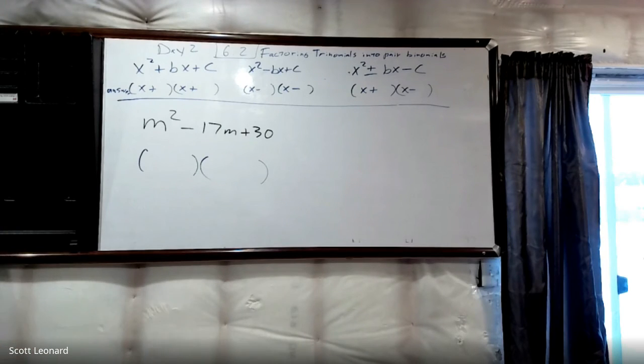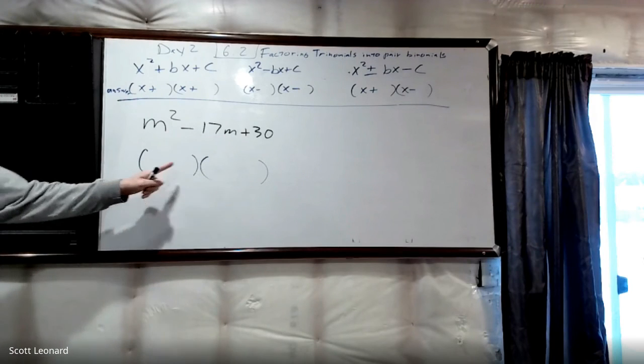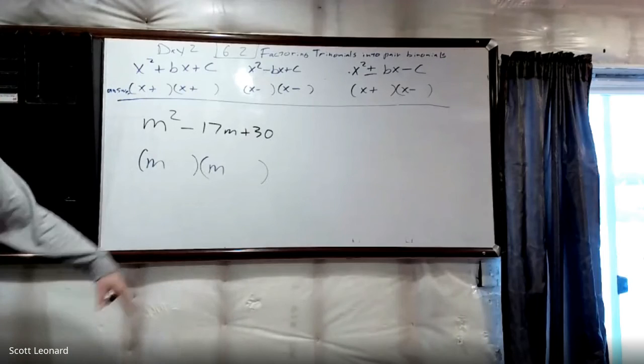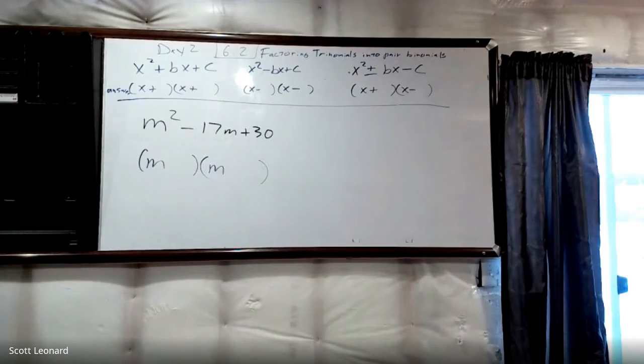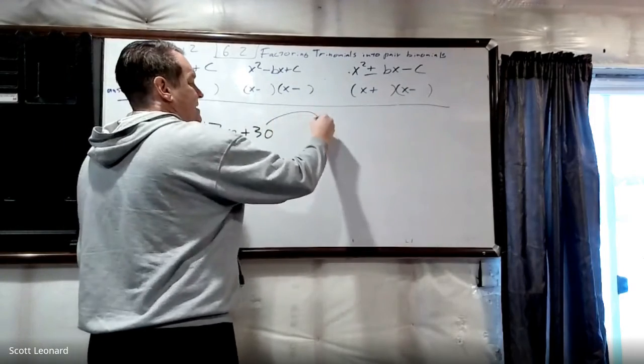All right, we don't have the letter X this time. We have the letter M squared and M here. So what do you think I'm going to put here and here? Don't freak out. M. Yep, we're going to put M. Nothing crazy. All right, I got a plus sign here, and I got a minus sign there. Minus. Minus. Factors of 30. Once again, take the C term.